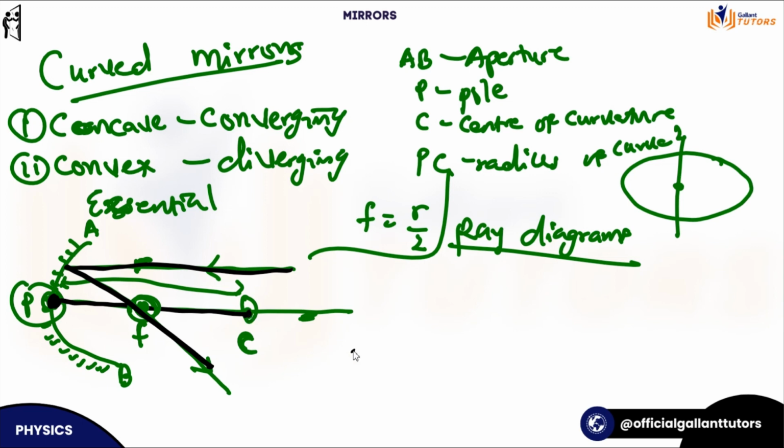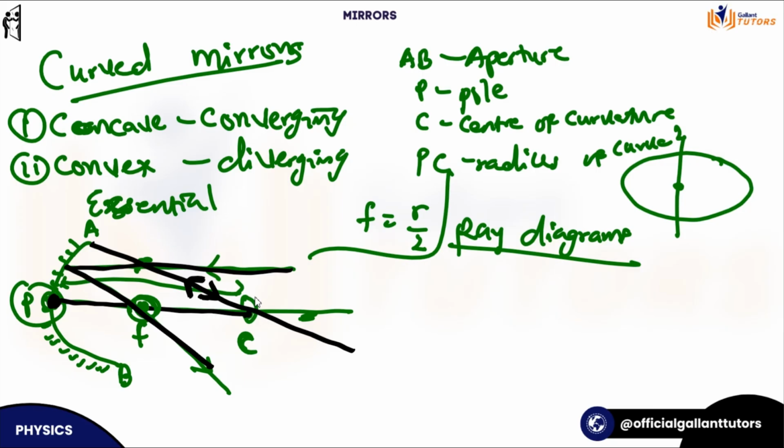Let's assume that the ray is going like this. The ray passing through the center of curvature is reflected back along its path. So it means that the incident ray and the reflected ray are along the same path. Is that very clear? Okay, so those are the two major things you have to take note of.